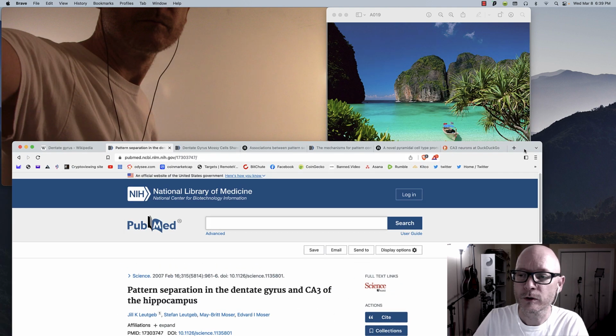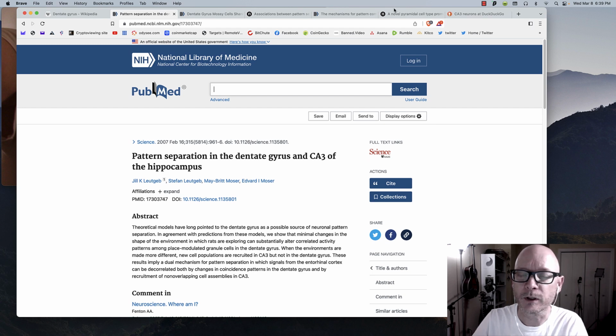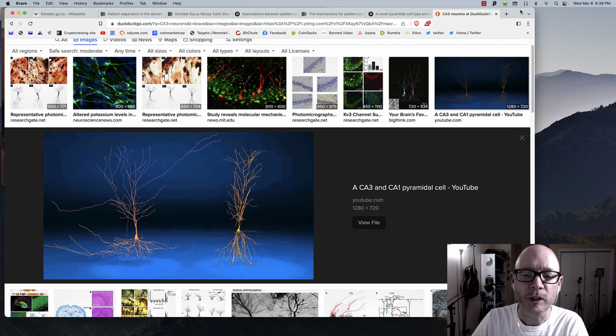That's where these processes are taking place, and I found something just now related to these here, the CA3 and CA1 pyramidal cells in the brain. A lot is going on right here, in my opinion.